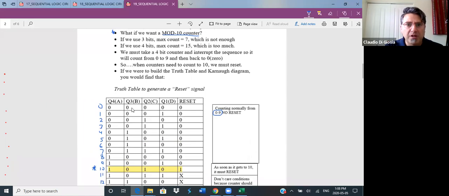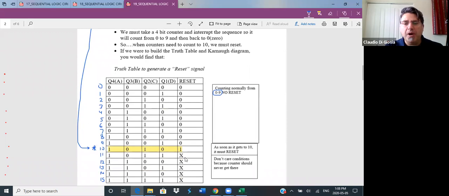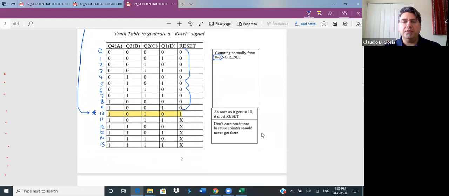So if I want to build a mod 10, I go to 10, which is 1, 0, 1, 0, and I put a 1 here. Anything above this one is a 0, okay? Because I still have to build a Karnaugh map after. I'm also going to envelope it, isolate it, quarantine it, okay?